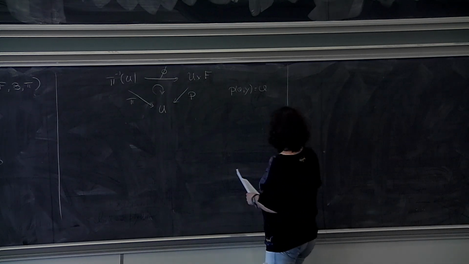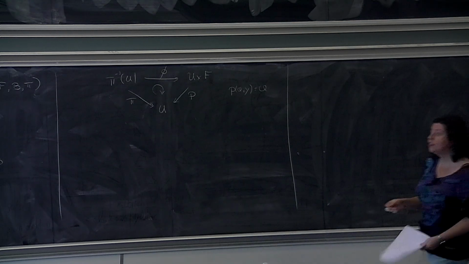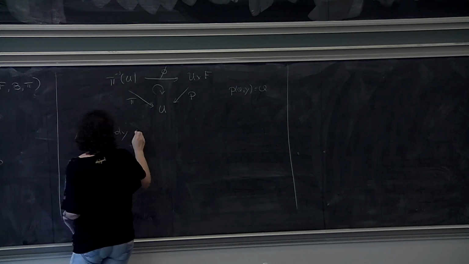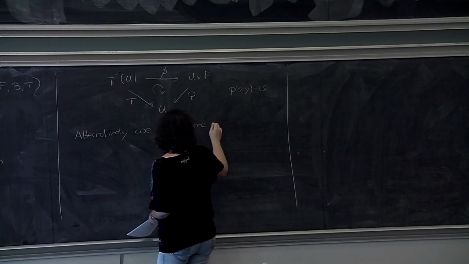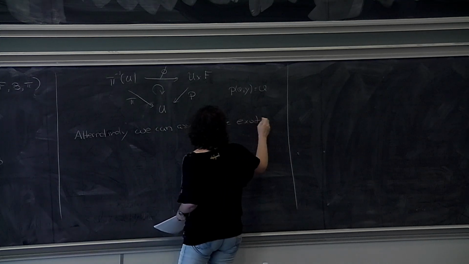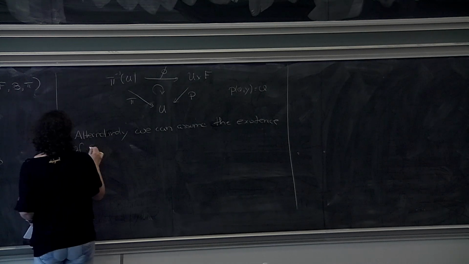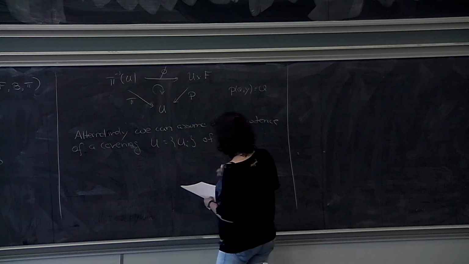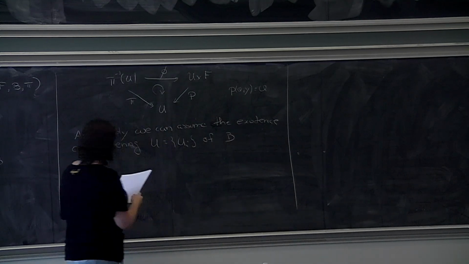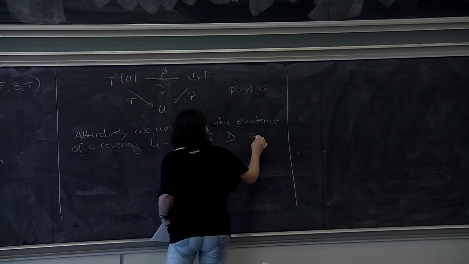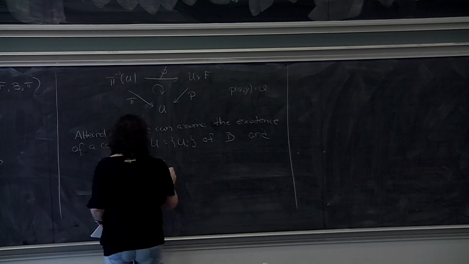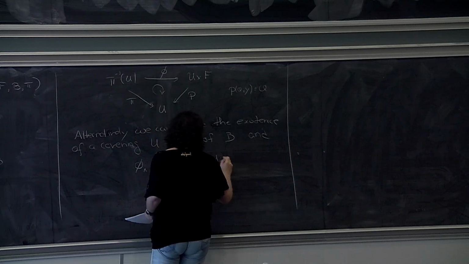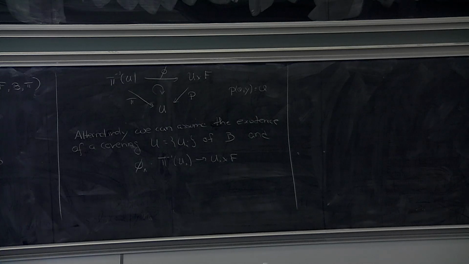Alternatively, we can assume the existence of a covering U_i of B, and maps phi_i from pi minus 1 of U_i to U_i times F, such that again the corresponding diagram commutes.